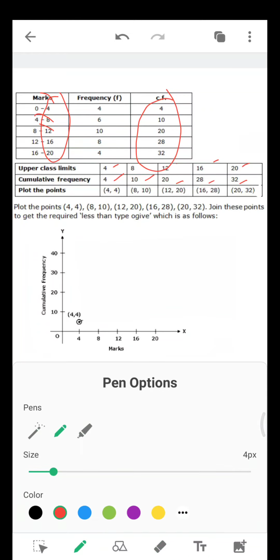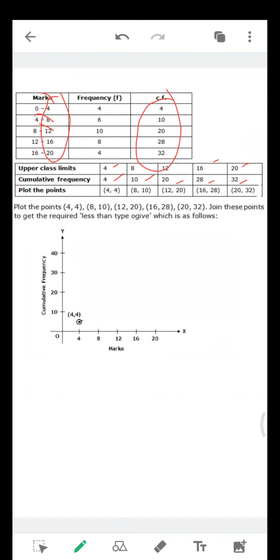So after doing this, you have to plot it. The first point comes here, because the first point is 4 comma 4. Then the second point, third point, all 8 comma 10. All the points you have to take one by one on the graph. That's not a big issue for you, because you have done graphs many times.